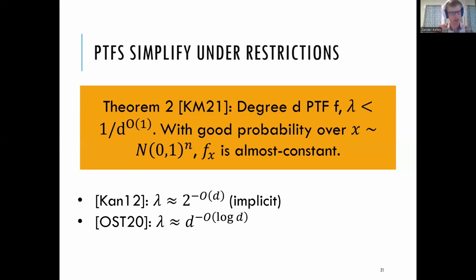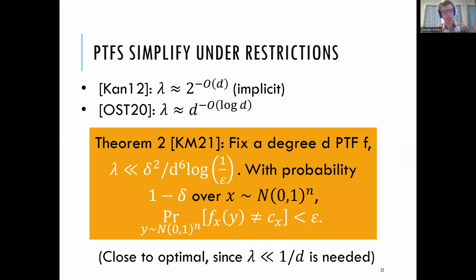Okay, so then here is the same theorem with some of those vague terms spelled out. So we said it happens with good probability. It's quantified here, and then said it's almost constant. So that's also quantified here. So what are we saying by almost constant?